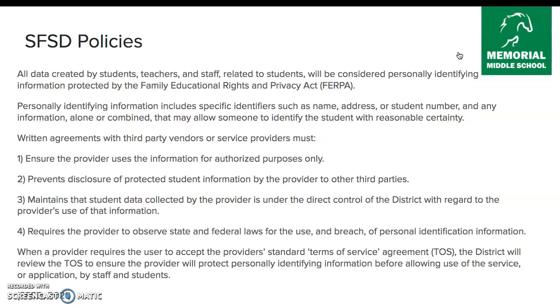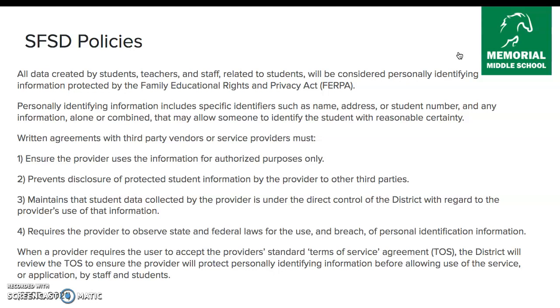Our policy maintains that student data collected by the provider is under the direct control of the district, and it requires the provider to observe state and federal laws for use or breach of personal identification information. When a provider requires the users to accept the provider's standard terms of service agreement, the district will review that to ensure the provider will protect PII before allowing use of the service by staff or students.